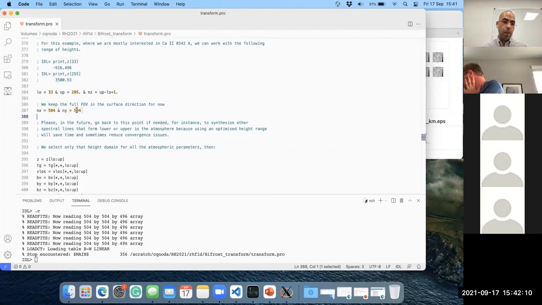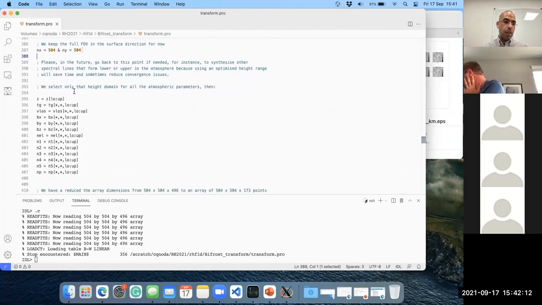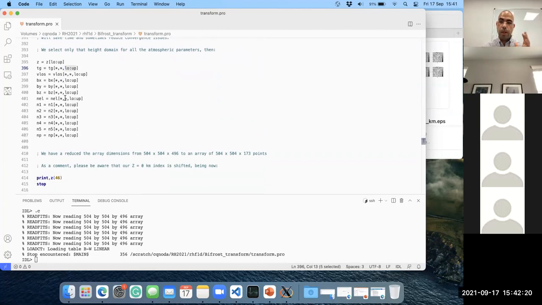So it's just keeping the same atmosphere but reducing the vertical domain, and with that we have everything in an optimized package: we moved from 496 points in the vertical domain to 173. That is a reduction factor in speed and also in the volume that you need.